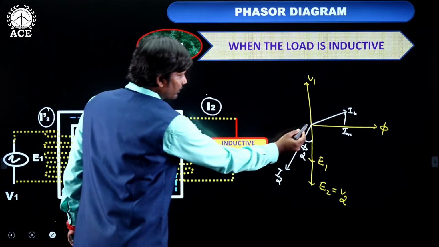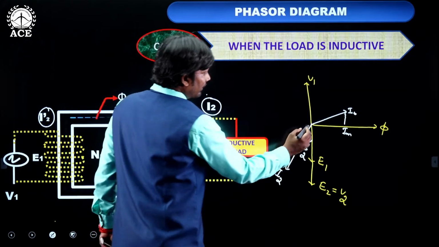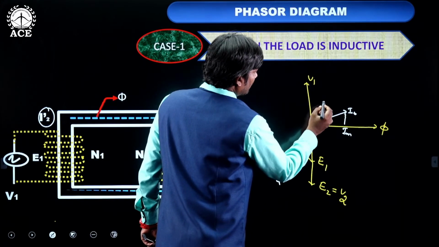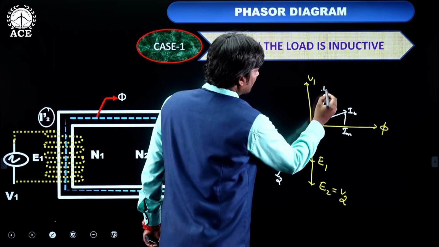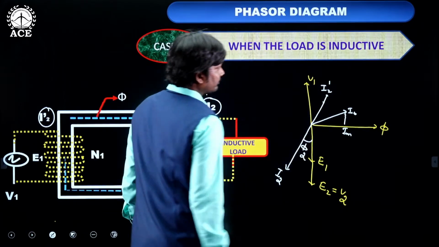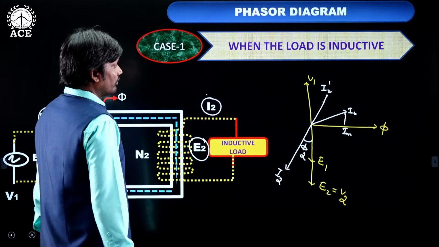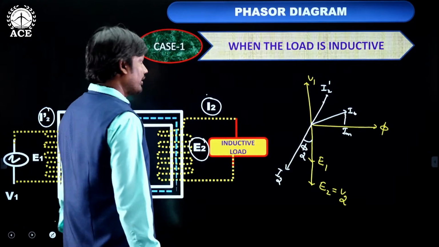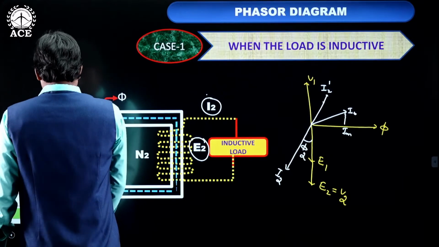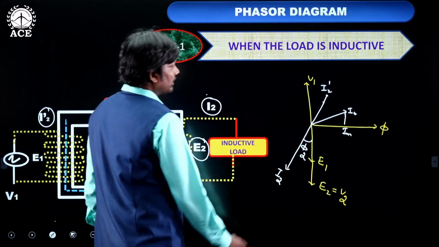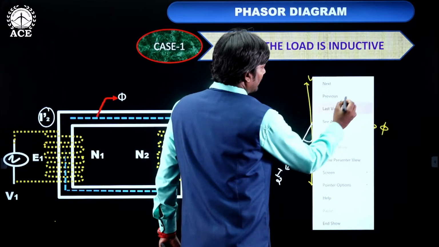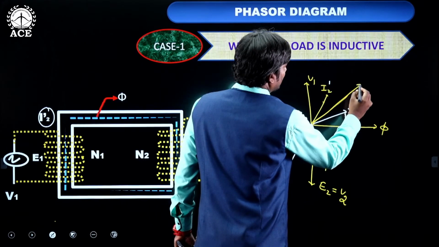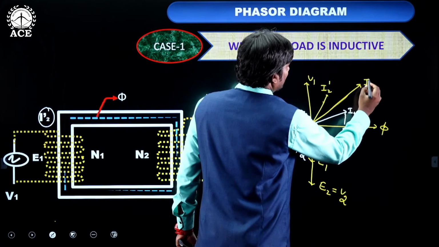So I2 is in this direction, and I2 dash will come in this direction. This is I2 dash. We know the resultant of I naught and I2 dash is I1. The resultant of these two is nothing but I1. This is I1.